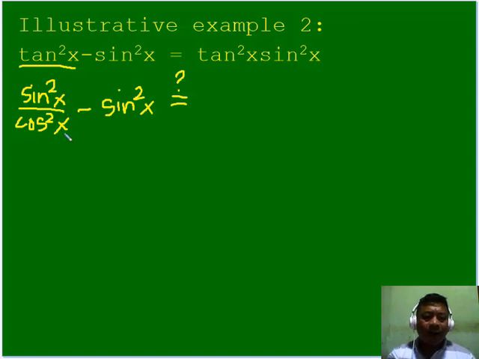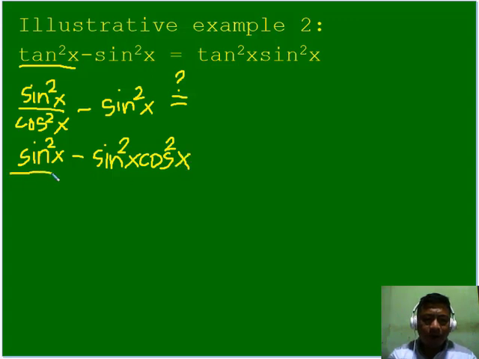So we can rewrite this as sine squared x minus cosine squared x times sine squared x, so sine squared x times cosine squared x, all over cosine squared x.